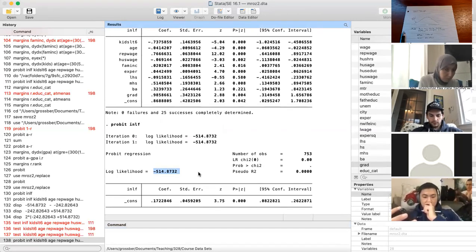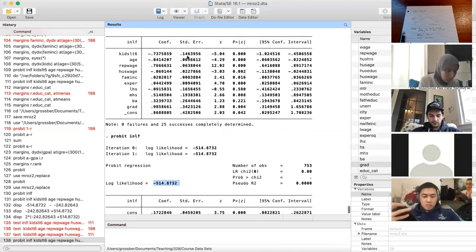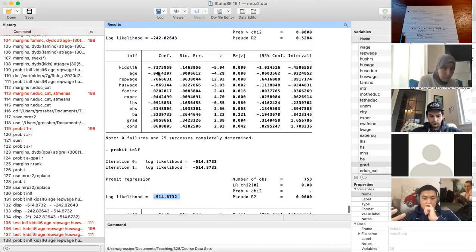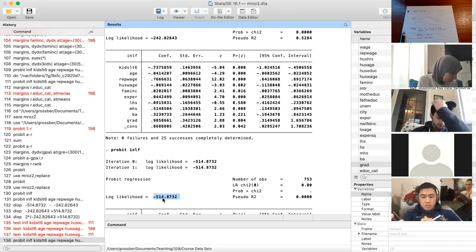And when I then allow Stata to estimate all of these coefficients, the value of the log likelihood function rises considerably up to -242. The likelihood ratio test is based on a comparison of this constrained estimate of the likelihood function versus this unconstrained estimate of the likelihood function.